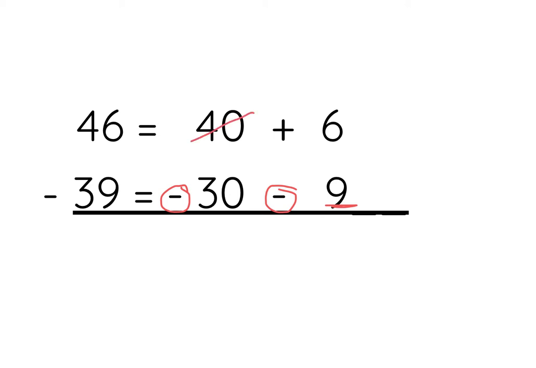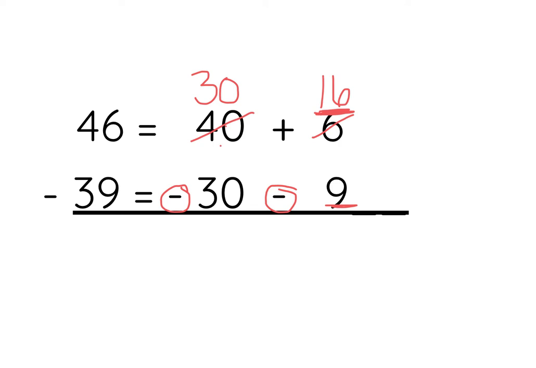So we're going to regroup or rename 40 plus 6 as a 30 plus 16. We just need to get more ones. And if we're going to take the ones from the tens column, they come in groups of 10. So we get one group of 10 and the 6 ones.